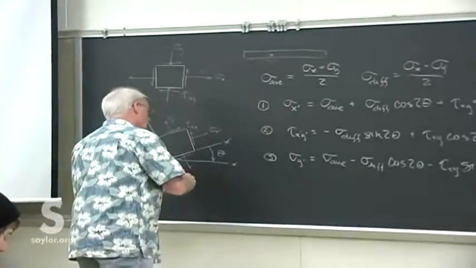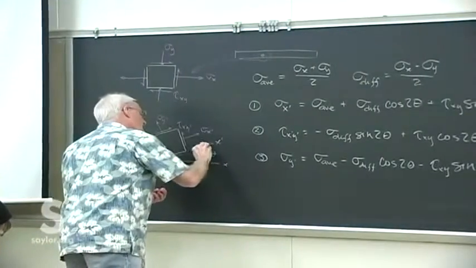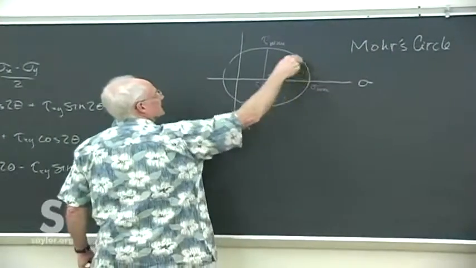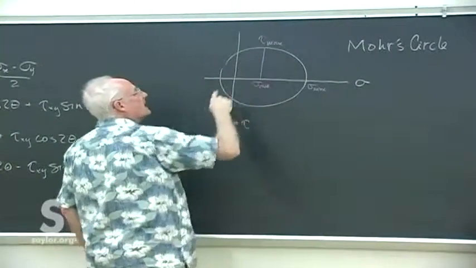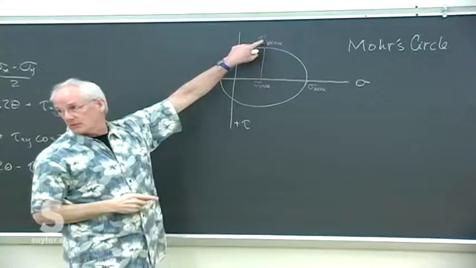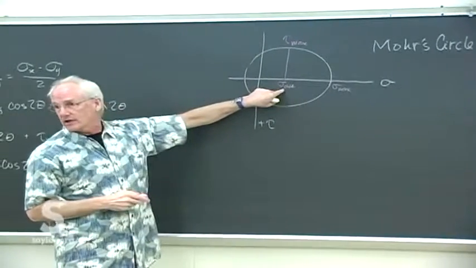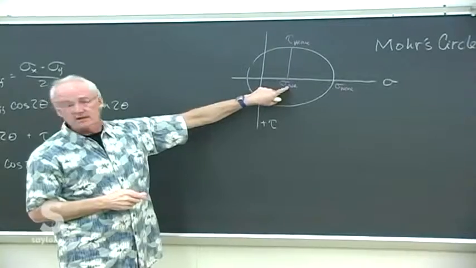So whatever those angles are, let's make it omnidirectional for now. We see that in that locus there's some angle at which we're going to have maximum shear stresses on the faces and average normal stresses on the faces.